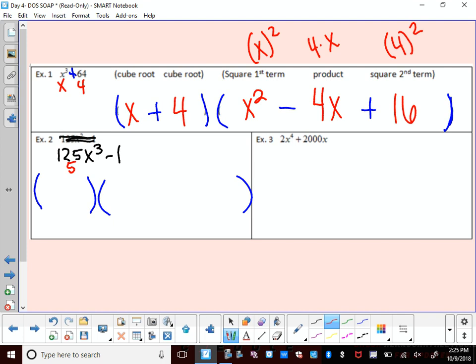And the cube root of x cubed is x. What's the cube root of 1? 1, yeah. Good job. I'm plugging those terms into my first parentheses.